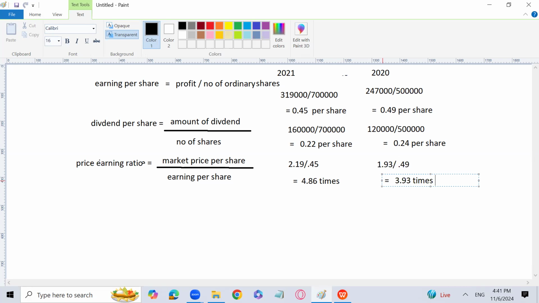It may be that the company is getting less earning per share, or less dividend is given to the shareholders. But if you want quick earning or capital growth, so that your market price of the share increases quickly and you can sell and purchase shares and get the capital profit, then 2021 is better than 2020, because the price earning ratio has increased from 3.93 to 4.86 times.